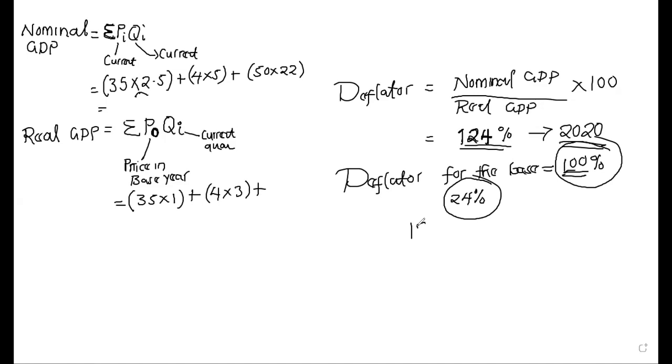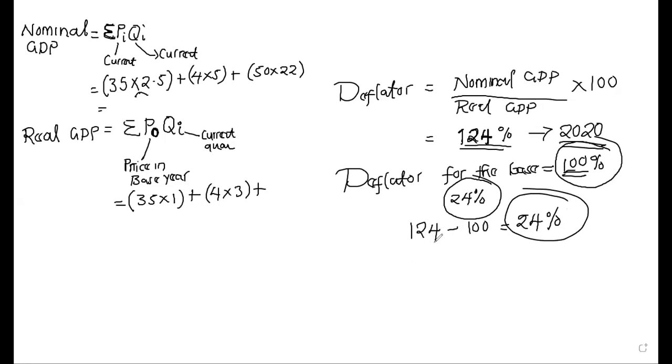So you just do 124 minus 100, which is equal to 24. So the inflation rate is 24%. But if you found any number that is less than 100, that means prices have decreased by that amount.